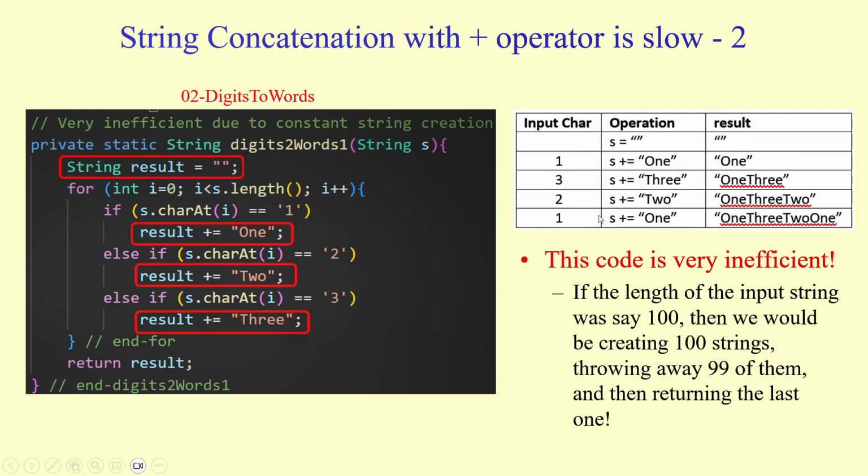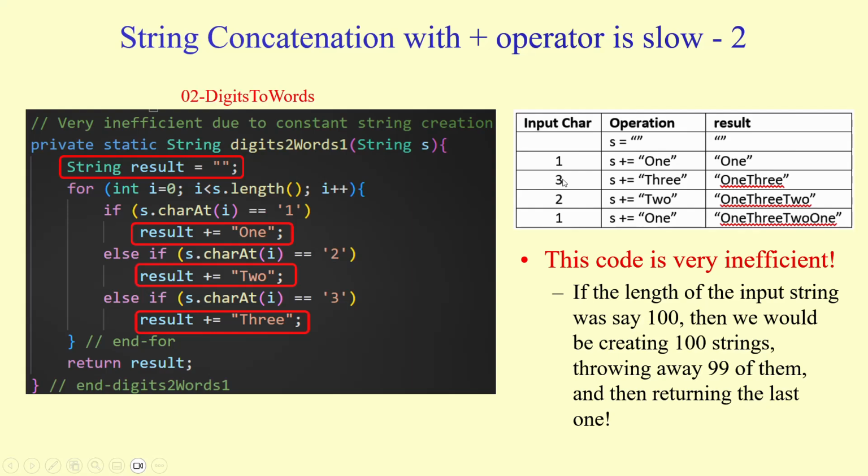But let's trace this through and see why this is very inefficient. Let's say the input string is 1, 3, 2, 1. We start with an empty string. After the first iteration, we take the current string, append "one" to it, and produce a new string altogether. The result is now the string that contains the word one, and we throw away the previous one.